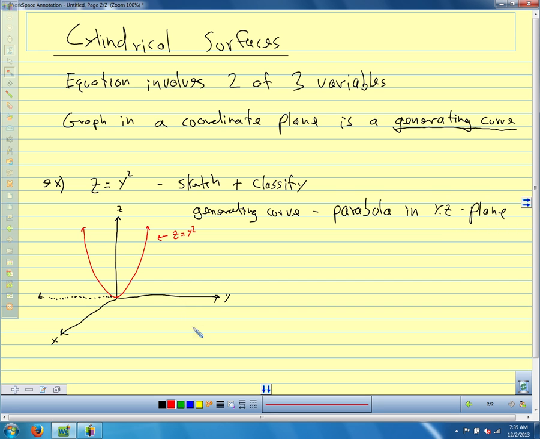That's our generating curve. Well, for this curve, x can take on any value. z equals y squared for any value of x. So I could graph the same parabola for any value of x. So what I end up with is I'm going to sketch a little parabola out here as well.